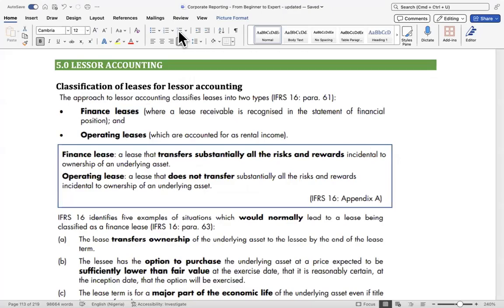For the lessor, the person that owns the asset, IFRS 16 requires that he needs to classify the lease. He needs to understand what type of lease arrangement he has entered into. And there are two classifications. Number one is a finance lease. Number two is an operating lease.